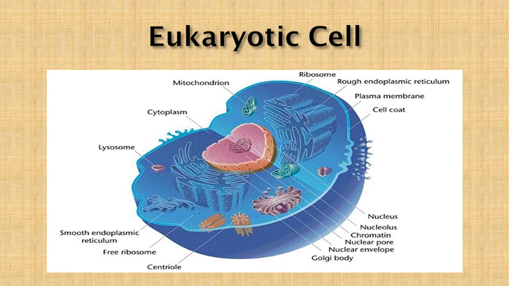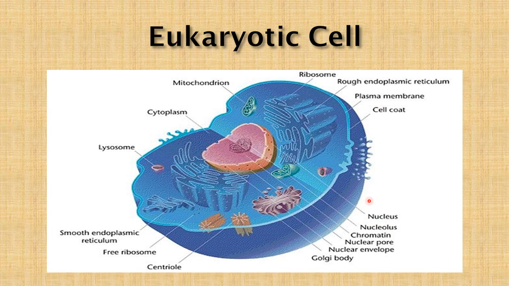Now let us talk about the eukaryotic cell. First, let us talk about the plasma membrane. The plasma membrane surrounds the cell, separating it from the external environment. It is a selectively permeable barrier due to the presence of specific transport proteins and has receptors that bind specific ligands. It's also involved in the process of exocytosis and endocytosis.